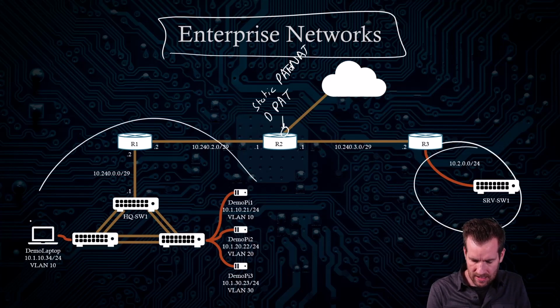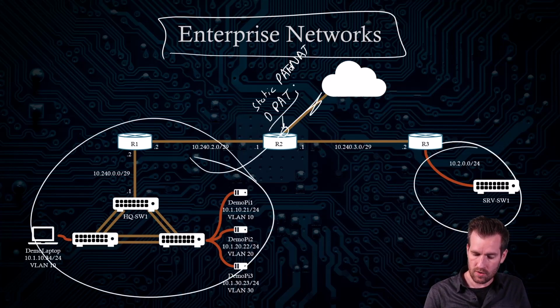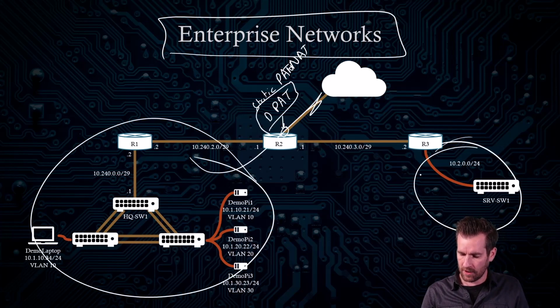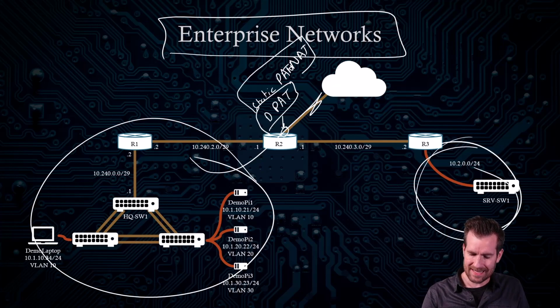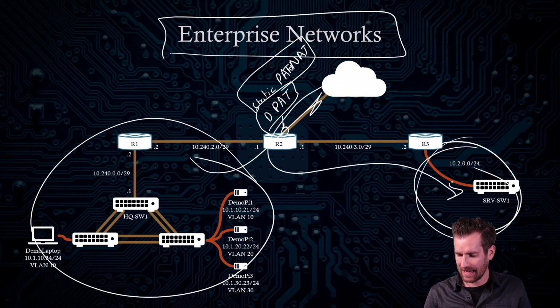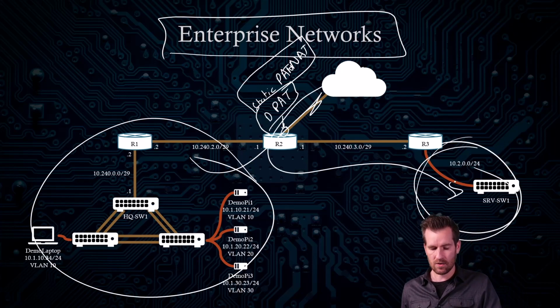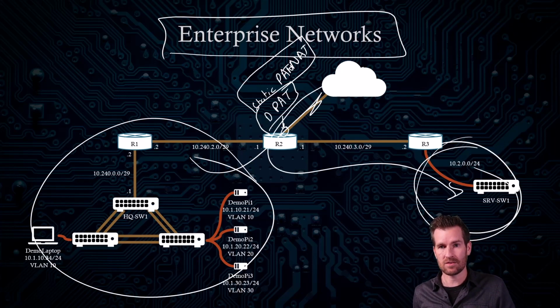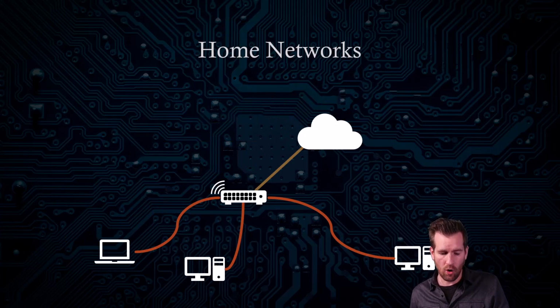So all of the machines that are trying to get to the outside world are using this dynamic PAT, but for their server network, they're using some sort of static PAT to get into certain servers and to translate to those servers. So what does your home network look like?